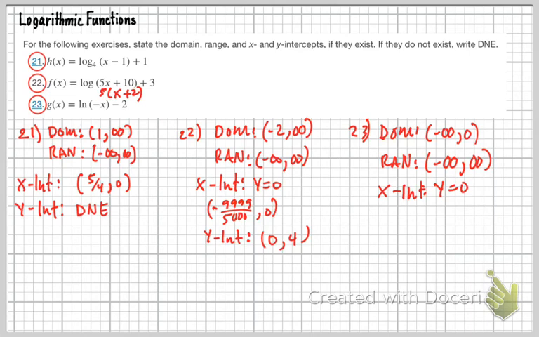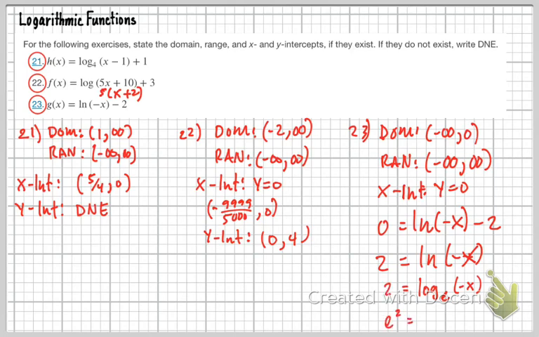My x-intercept, that means my y is 0. So then I make that 0, so I get 0 equals ln of negative x minus 2. So I move the 2 over, 2 equals ln of negative x. And remember what ln of x is. It's really log base e of negative x that I'm looking at here, and that's 2. So this is really going to be e squared equals negative x.